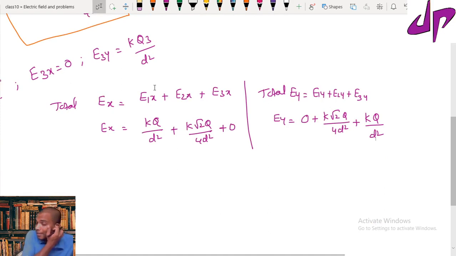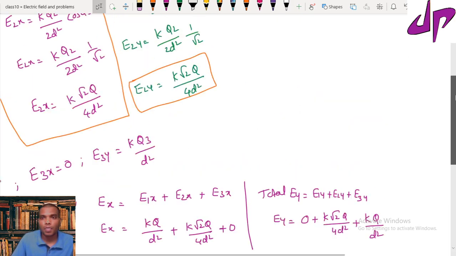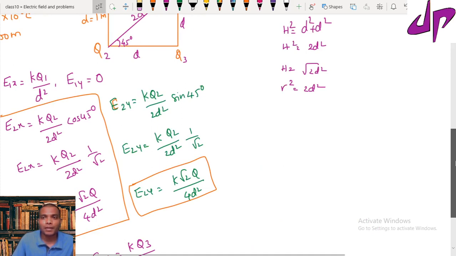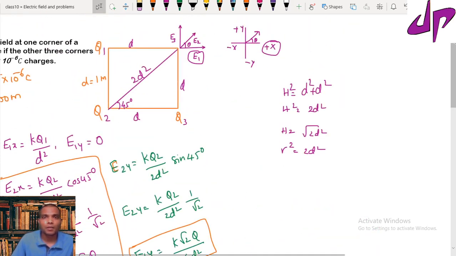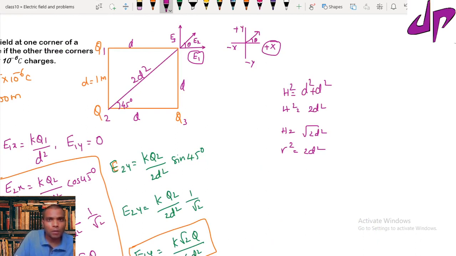Now by applying the parallelogram law, we can combine these components to get the resultant electric field. We need to combine all the x components and all the y components.